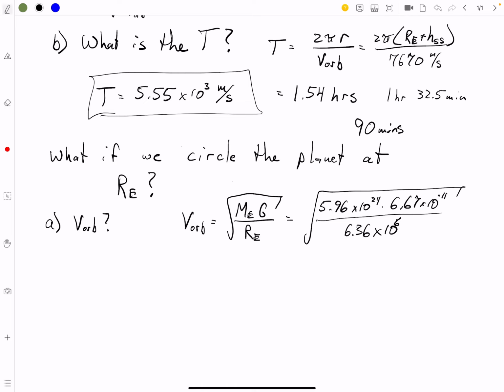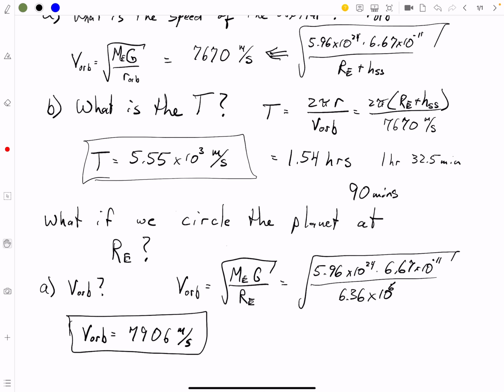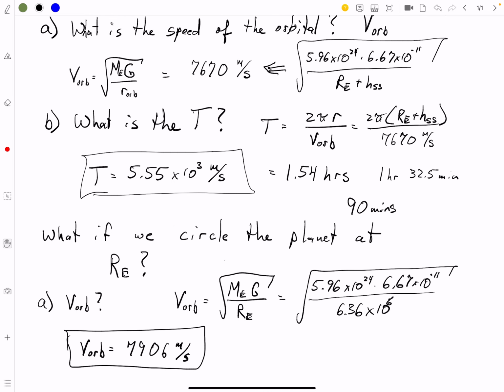Awesome. V orb equals 7906 meters per second. What was our V orb up here? It was 7,600, almost 7,700 meters per second. At the surface of the Earth, we're doing 7906.